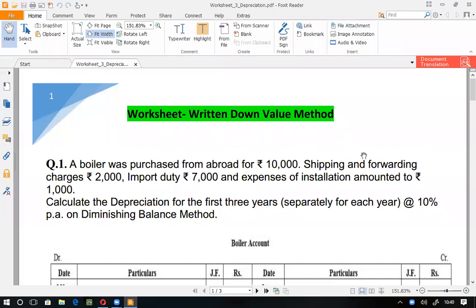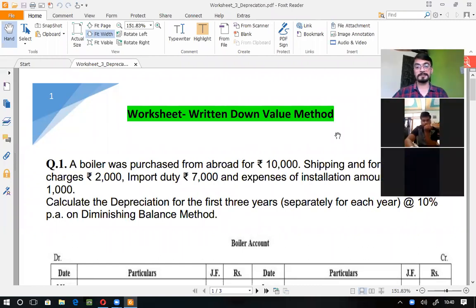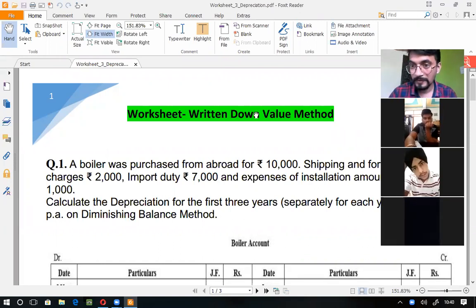So now first thing what you have to do is you have to tell me the acquisition cost of this boiler. It was purchased from abroad for 10,000. We spent rupees 2,000 for forwarding charges, 7,000 import duty, and installation expenses 1,000. So what is the cost of this asset? What is the acquisition cost? 20,000. How much? 20,000.